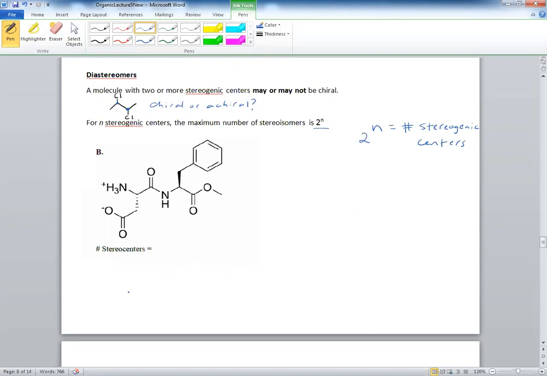Again, carbon with 4 different groups. Here we go, 1. This one has 4 different groups. It has the N, it has this C with a double bond O, and of course, this ester group, and then of course, you have the benzyl group right here. The H is not shown, so here I'll show the H.